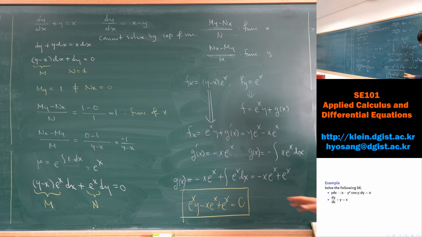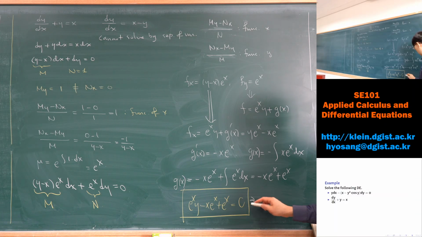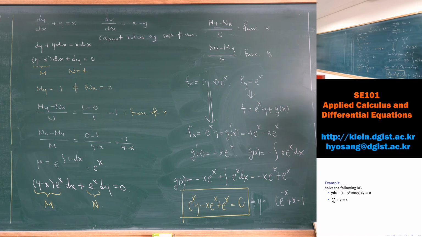Or you can write it as an explicit solution in this case, because you can write y in terms of x simply by taking all the factors of x to the right-hand side. You get y equals, in this case, c e^(-x) plus x minus 1, right? You can write your solution in explicit form if you want.